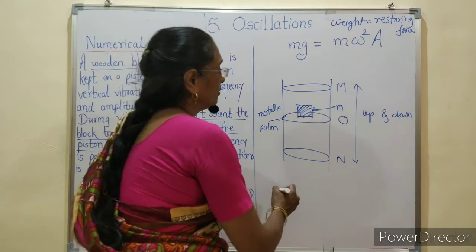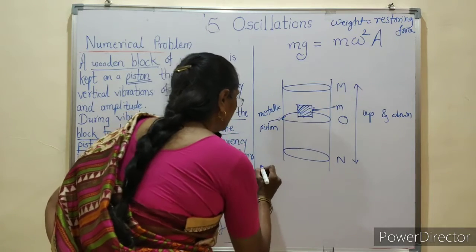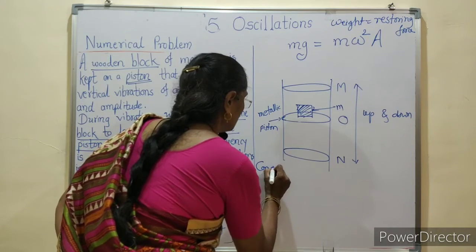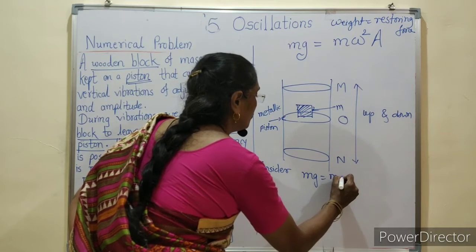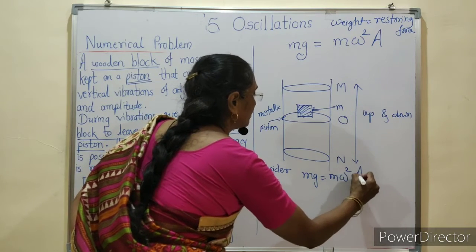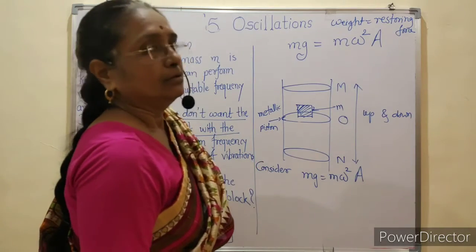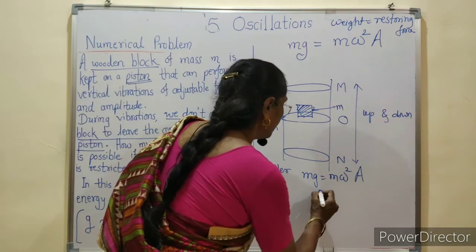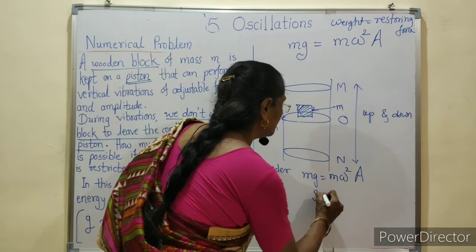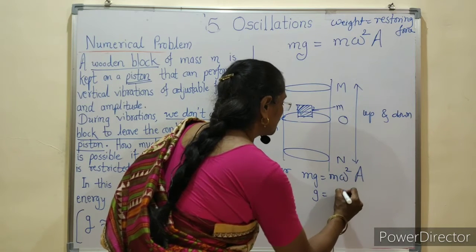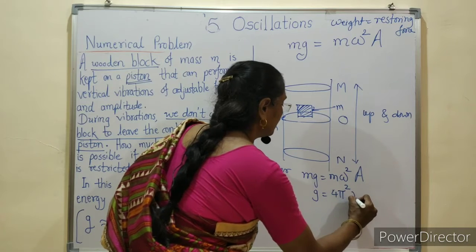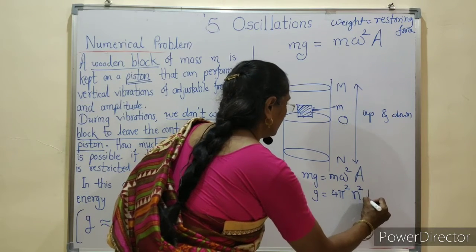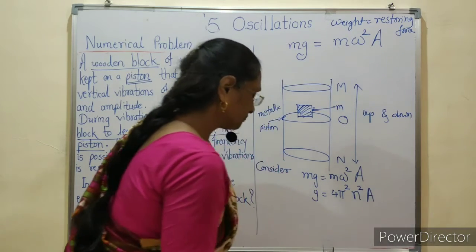So here we consider mg is equal to m omega square a. m will get cancelled. g is equal to omega square, which we write as 4 pi square n square, and a is there.